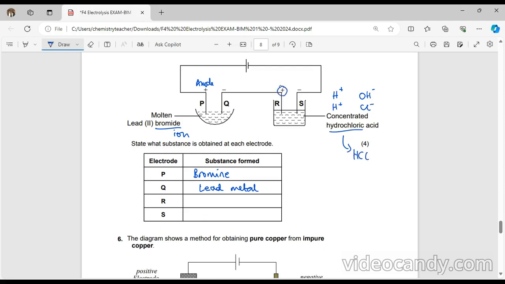At the anode, we have to decide between hydroxide and chloride, and the halogen chloride will always be oxidized first. So that's going to make chlorine gas. And then at S, we've only got hydrogen ions, so we're going to get hydrogen gas.